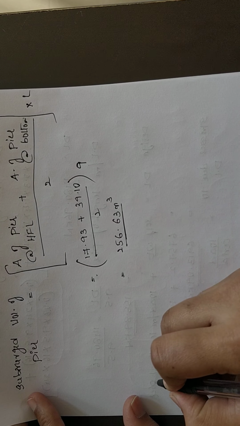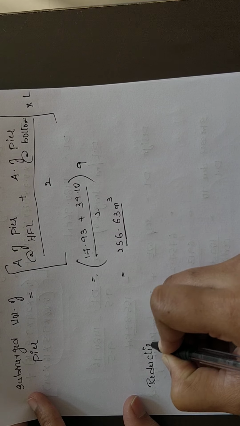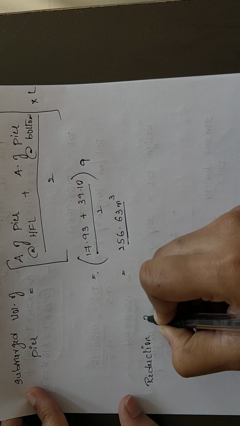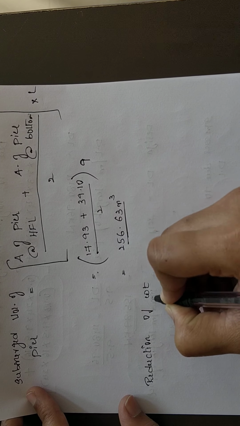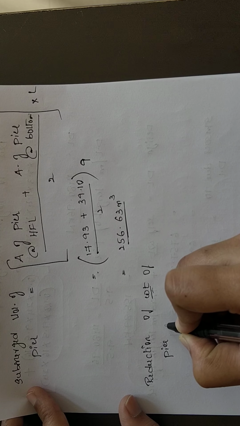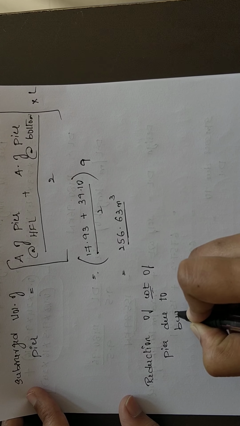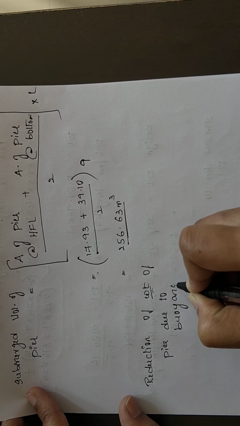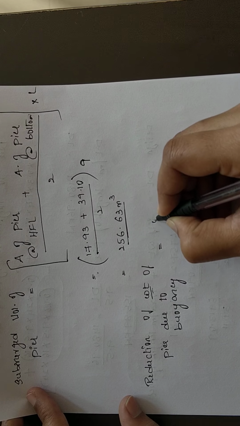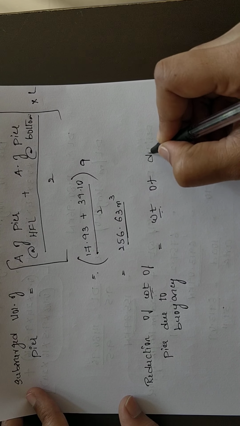Next you need to calculate the reduction of weight of pier due to buoyancy, which will be equal to the weight of displaced water.